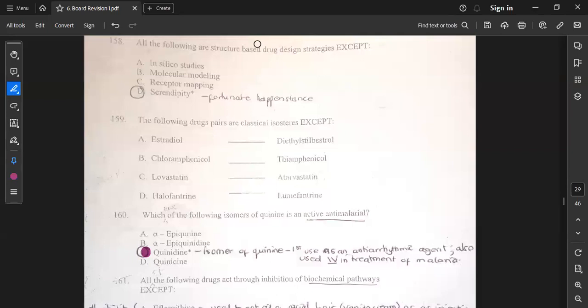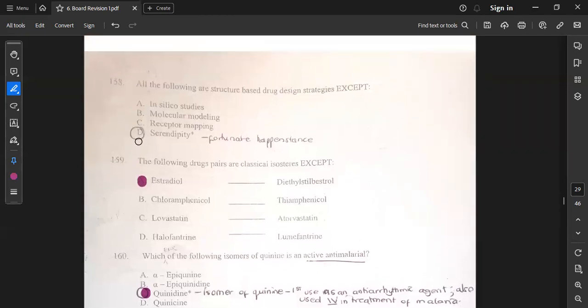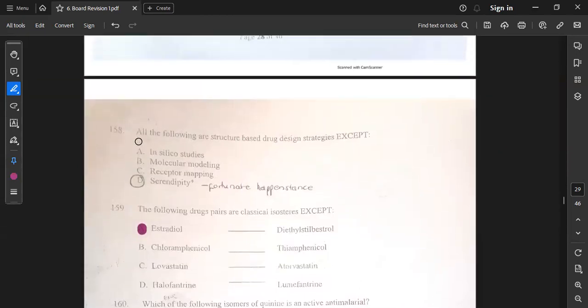Who can help us out? Sunshine is saying different atoms with the same activity.